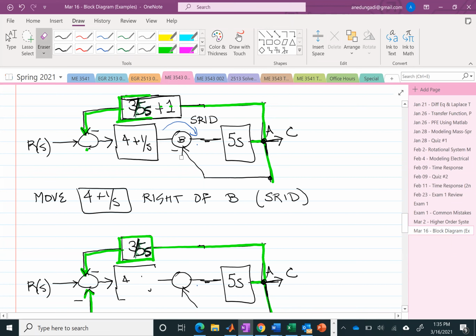Let me make it a little bigger. So the only input to this summation is the unity input, right?